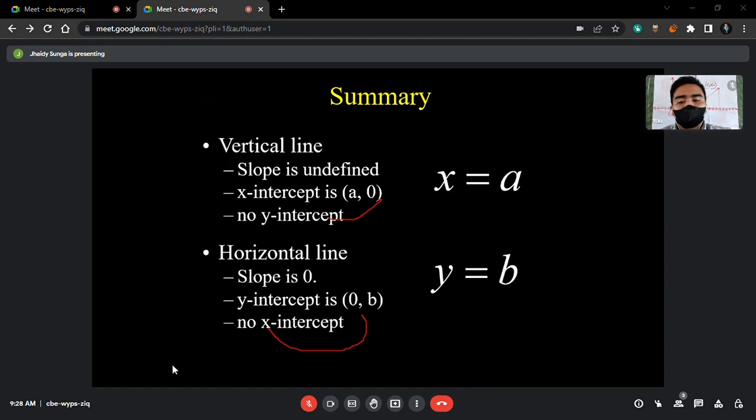All right, so before we end this part, I will be giving you a bonus special form for the totality of this line. So we have the general form of ax plus by minus c is equal to 0.